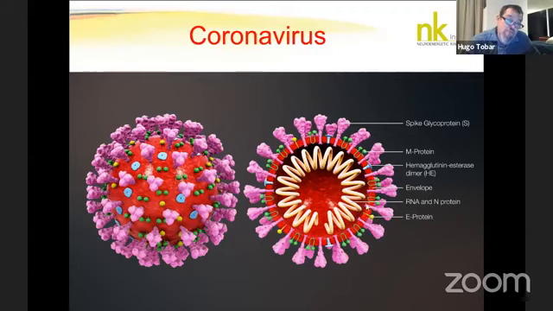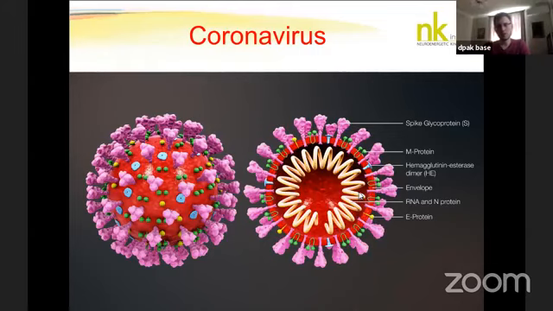So these are proteins that the RNA wraps around, a bit like the DNA in human cells wraps around proteins as well.